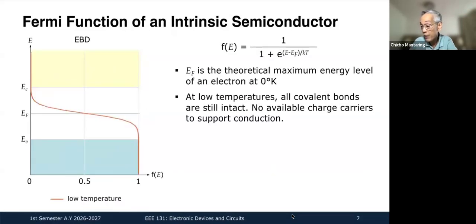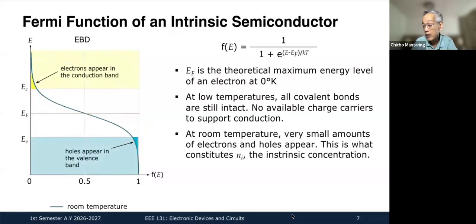At E equal to E of F, sabi natin there's a 50% chance of being occupied. Pero kung wala namang energy state dito, wala din siyang pupuntahan. So this is actually a theoretical value of probability that is only based on the energy level E.